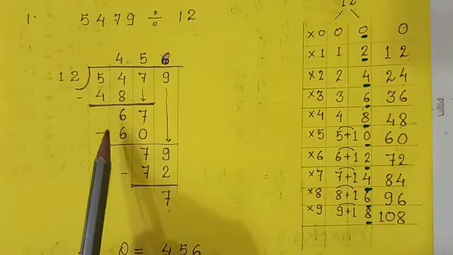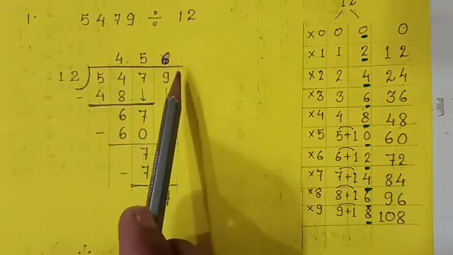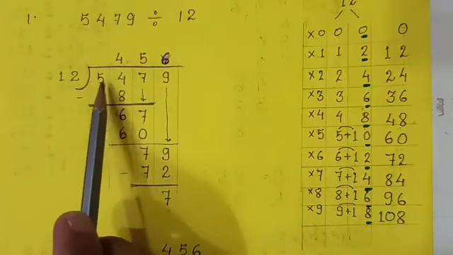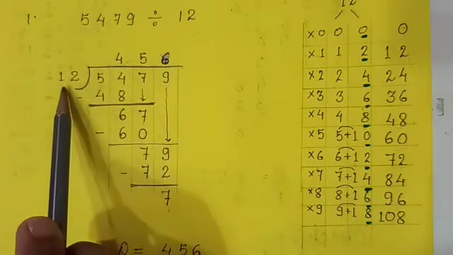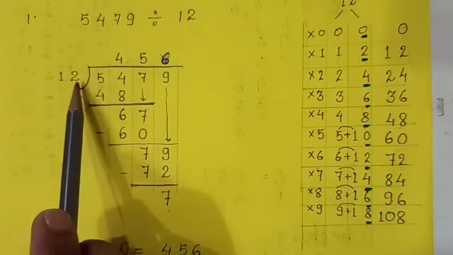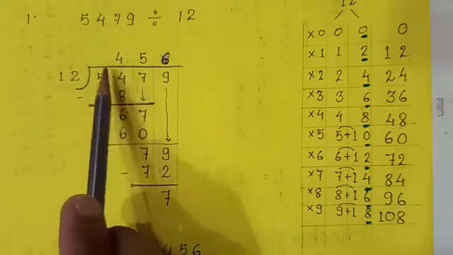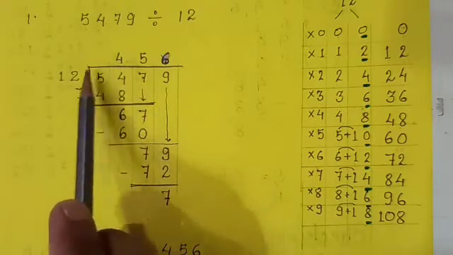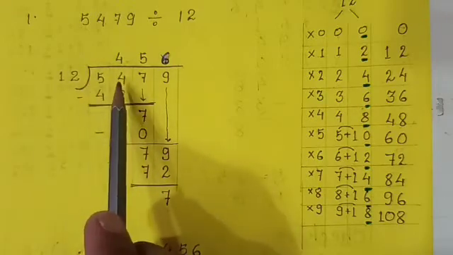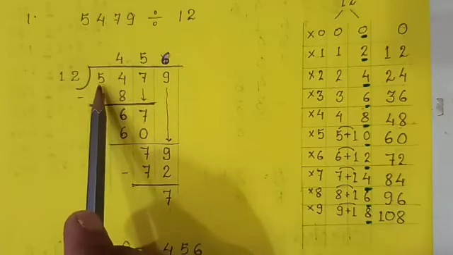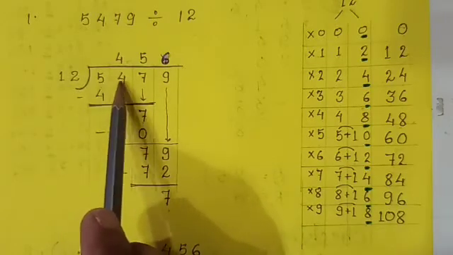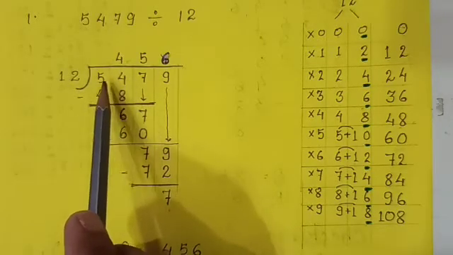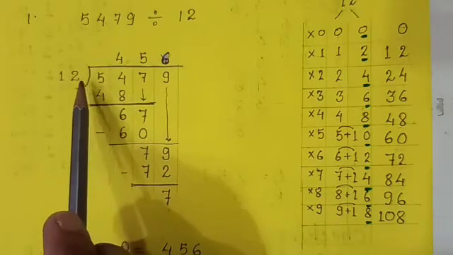Now, you have to focus on the division. When we divide this 5479 by 12, first of all, it is a 2-digit number. So, our target number will be the 2-digit of the dividend in the highest place. Here it is 54. Therefore, our target is 54. We have to search this 54 in the table of 12.